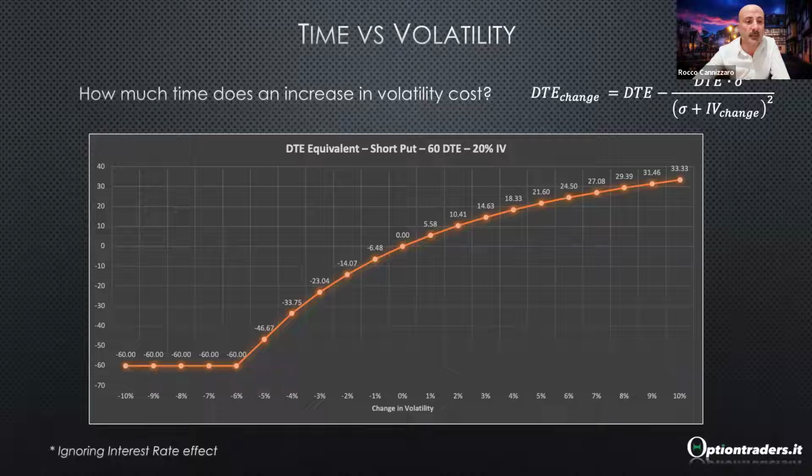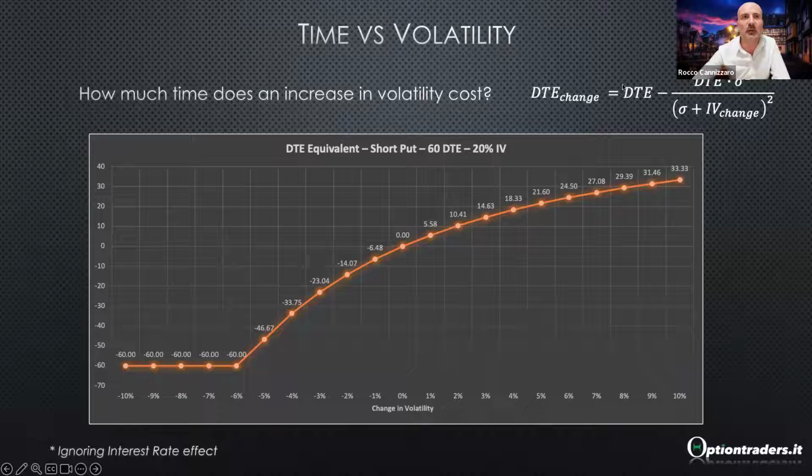Sometimes even a 1% increase in volatility can burn you a lot of days of waiting, hoping for your options to decay. So it's important to understand this concept. Here's a simple formula you can use to calculate how many more days you will have to add or reduce depending on whether your volatility has increased or not.